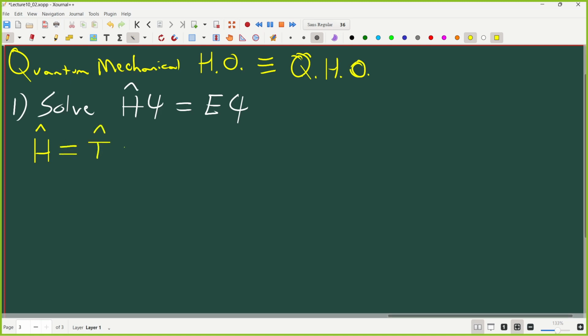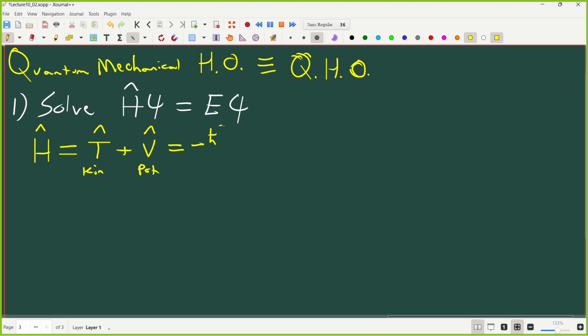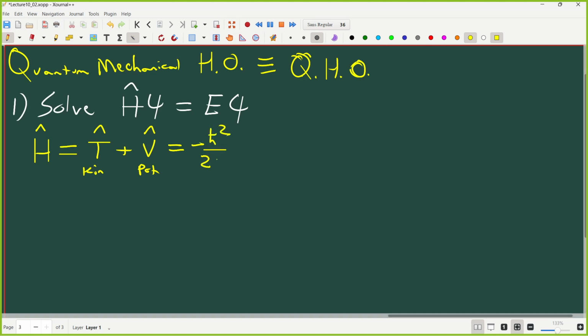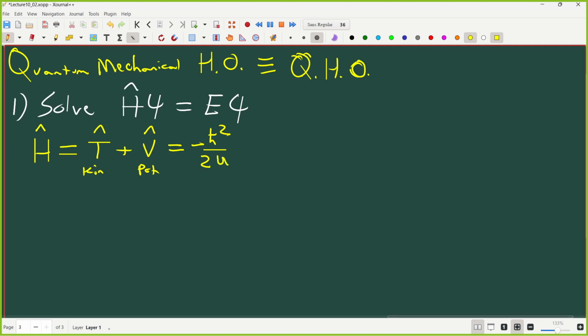The Hamiltonian is a sum of the kinetic and the potential energies. We know what the kinetic energy is. The kinetic energy term is basically the same in every problem. It always looks like p squared over 2m, or minus h bar squared over 2 times the mass of the system, which is mu, times the second derivative with respect to position.